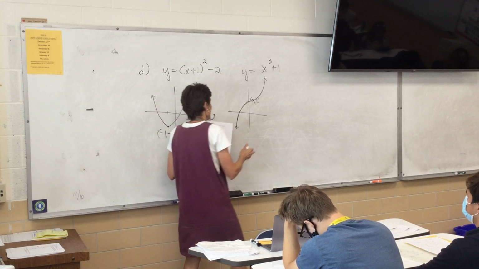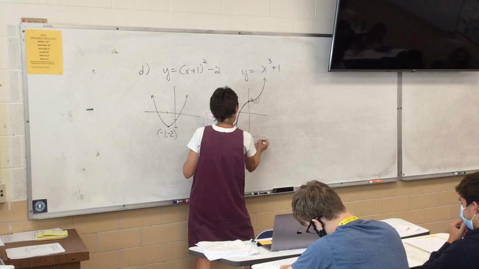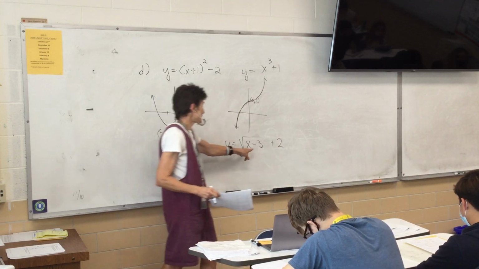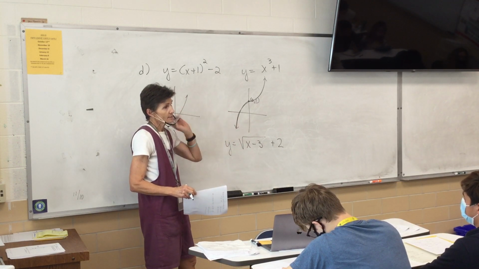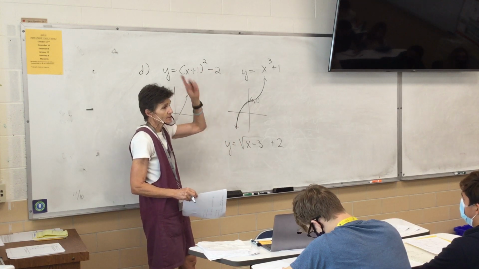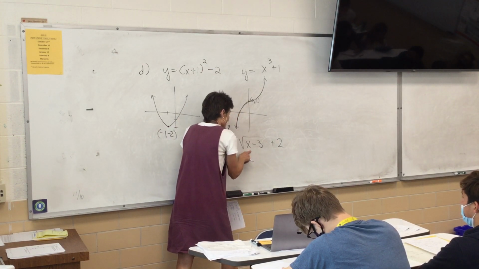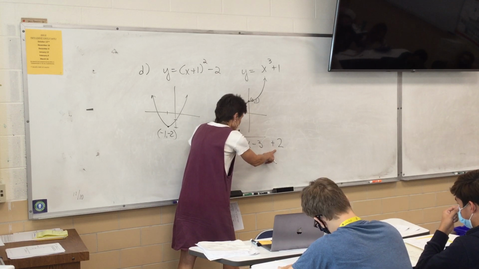Oh no, this one has 2 also. How is this one moving? It has an inside number and an outside number. So inside goes this way, outside goes this way. So how's this going? Right 3 and up 2.